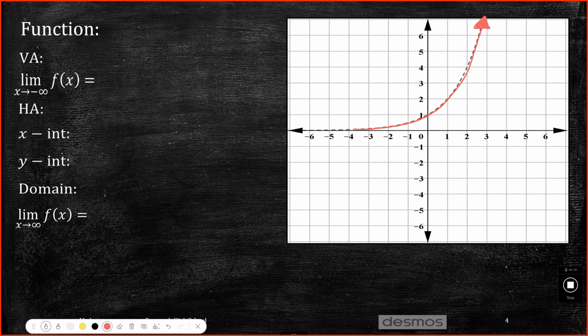All right. What's the name of this function?